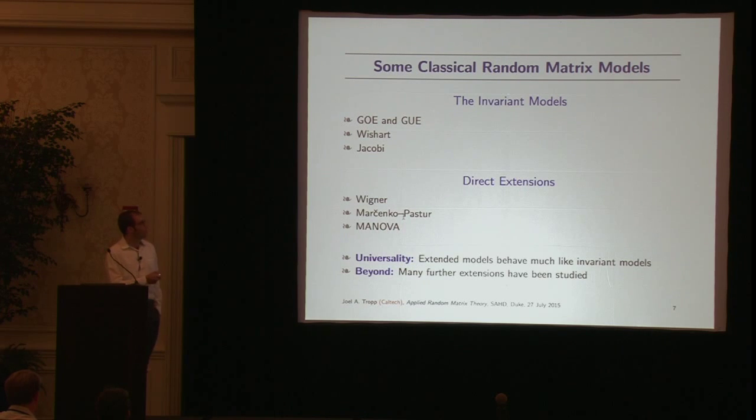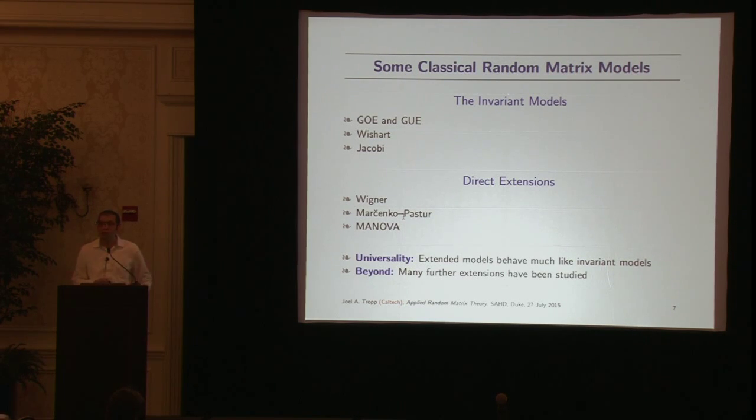And orthogonal versus unitary is a reflection of whether the matrix is real or complex. Okay? So beautiful objects, very well understood, in part because they are invariant under the action of the orthogonal or unitary group. Okay? Wishart matrices, which we described before, are like sample covariance matrices for standard Gaussian vectors.